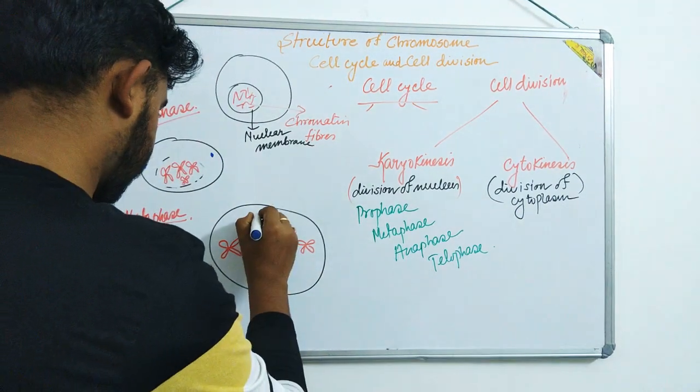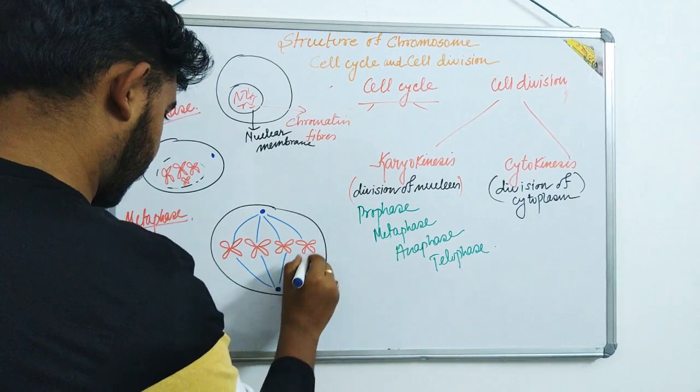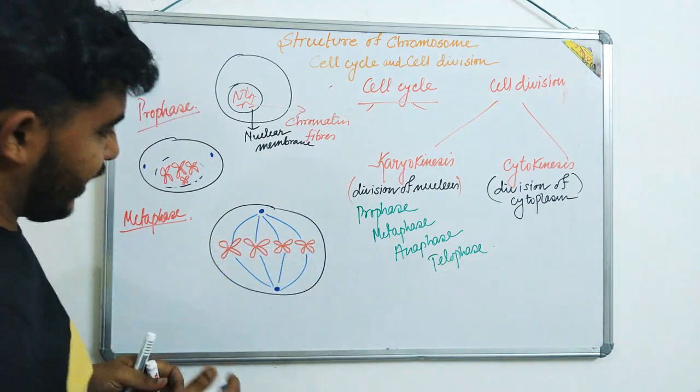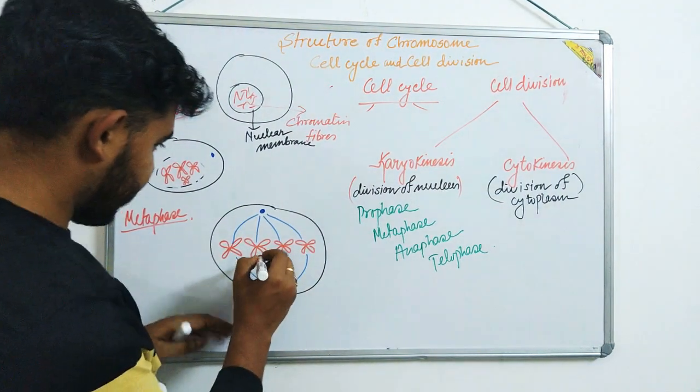There are some astral rays, these are the microtubules, MTOCs we call them. These astral rays just attach to the centromere.